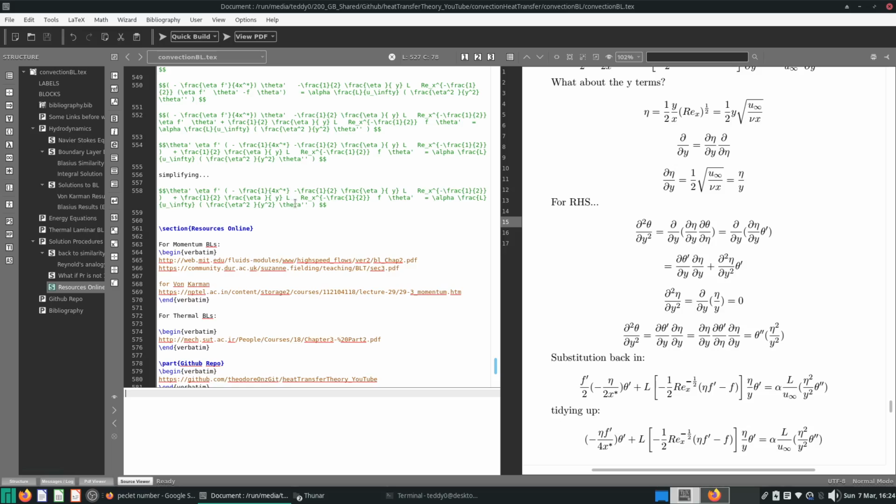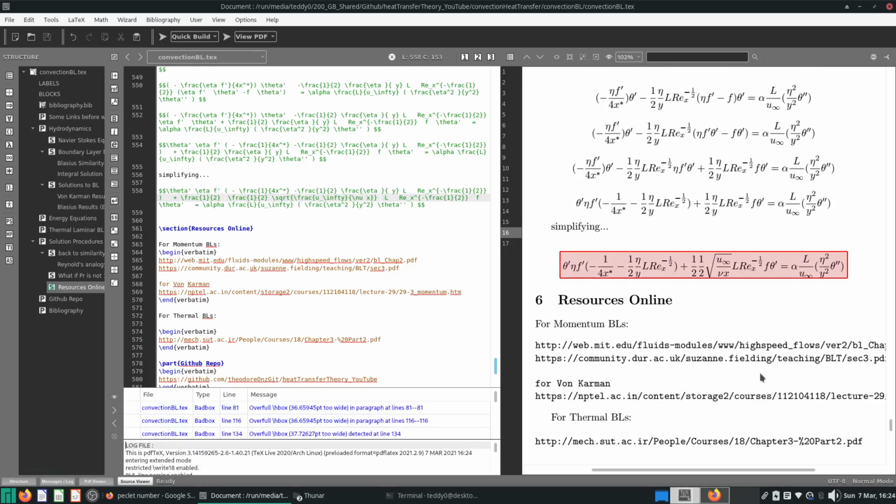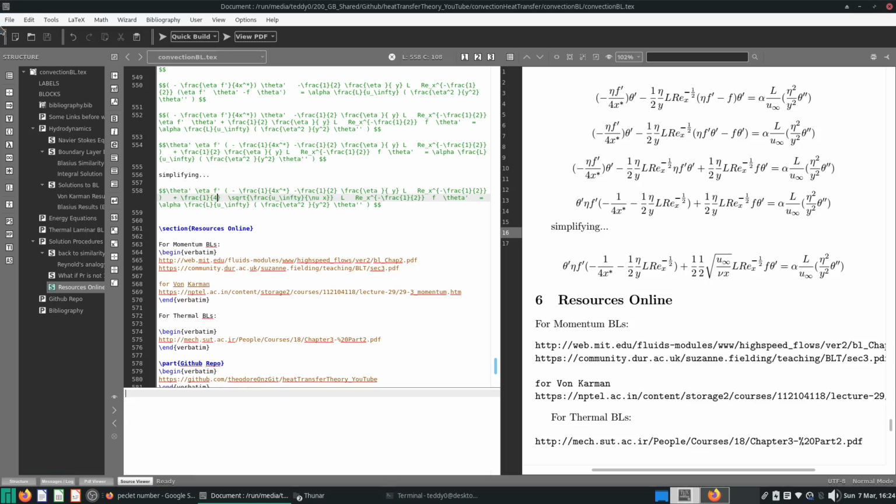Let's use it to replace eta over y. So 2 halves will become 1/4. Where did I have that?